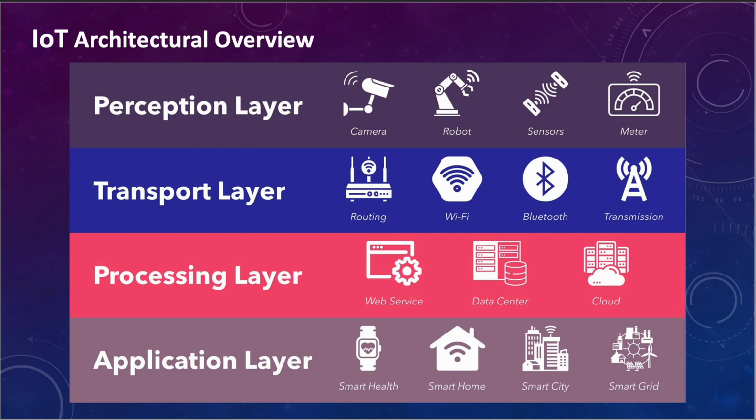Or you will be an IoT systems architect who will design an entire system from top to bottom, including these four layers. Or you will be an entrepreneur who will start your own business, a startup which will provide IoT services, or manufacture IoT devices, and so on, giving IoT solutions.